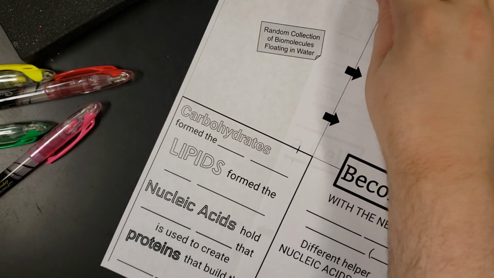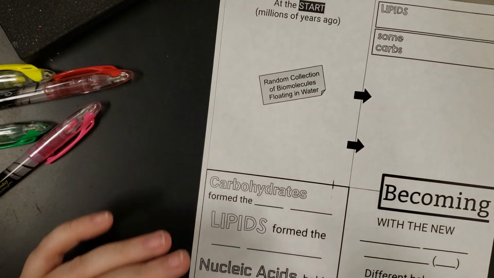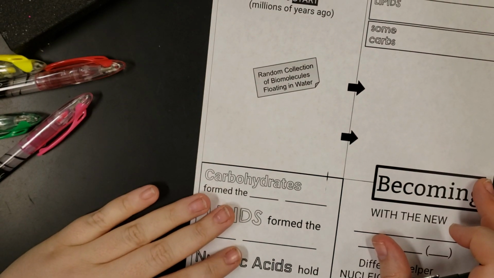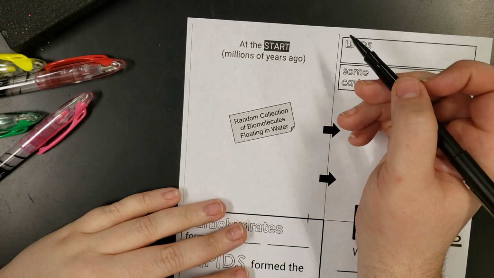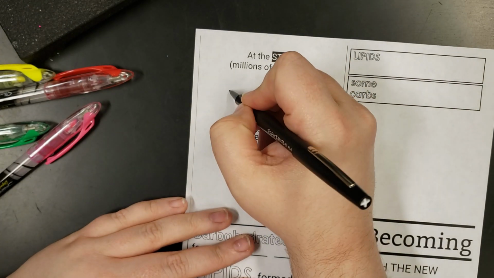Okay, so in the last unit we talked about biomolecules, and we're going to see today how those biomolecules came together to form very simple cells. All right, so in the beginning, millions of years ago, we started out with a random collection of biomolecules floating in water. So we're going to draw that, okay?